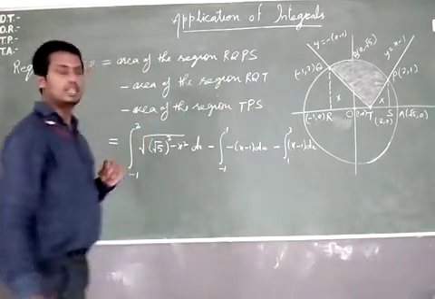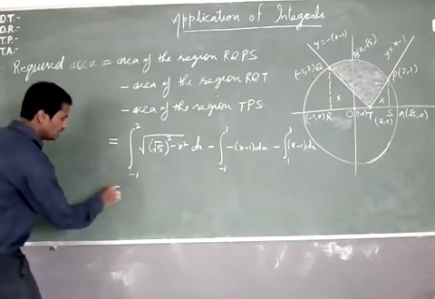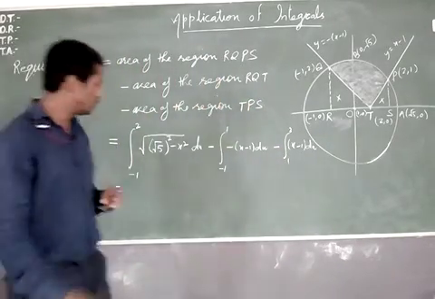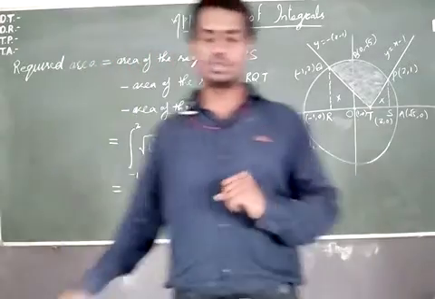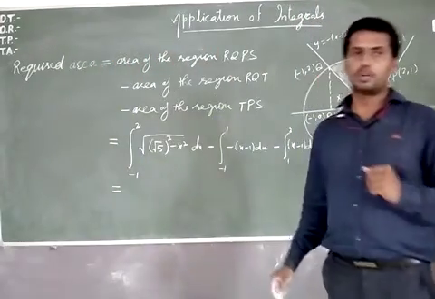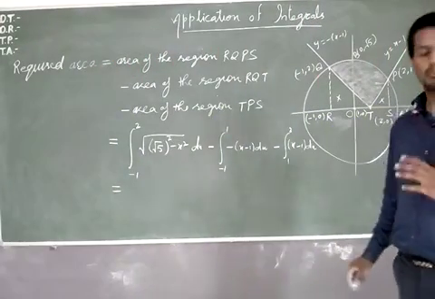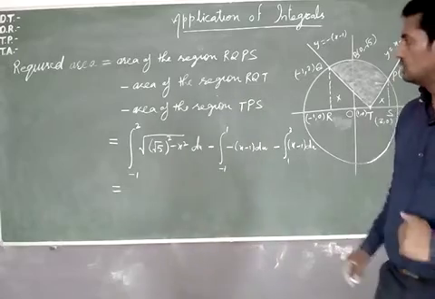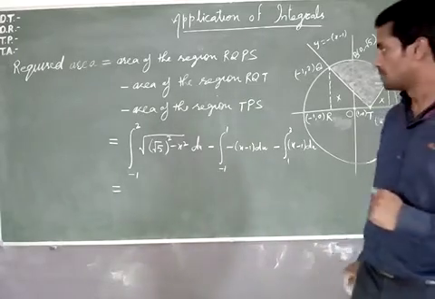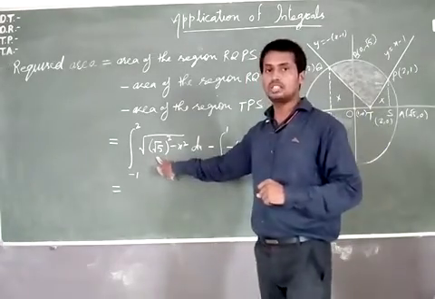Now we will integrate. We know that the integration of root a square minus x square equals x by 2 root a square minus x square plus a square by 2 sin inverse x upon a, where the value of a is root 5.